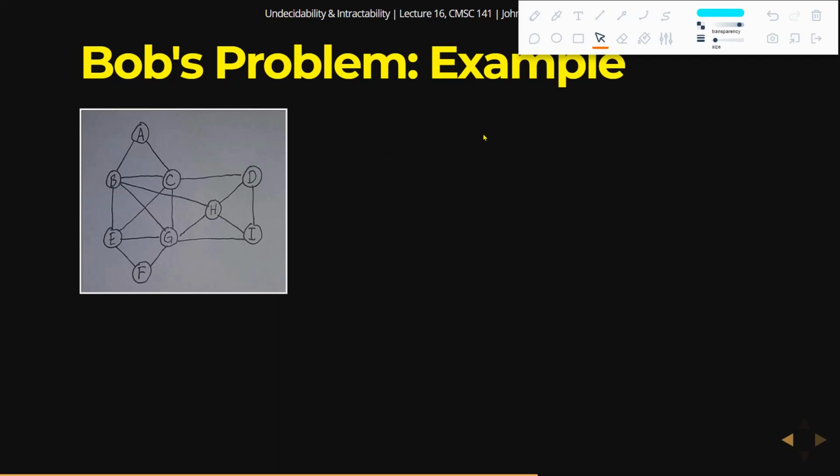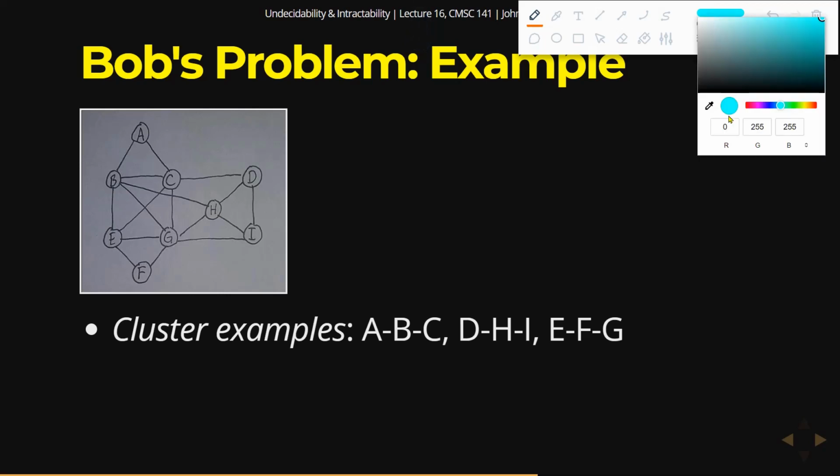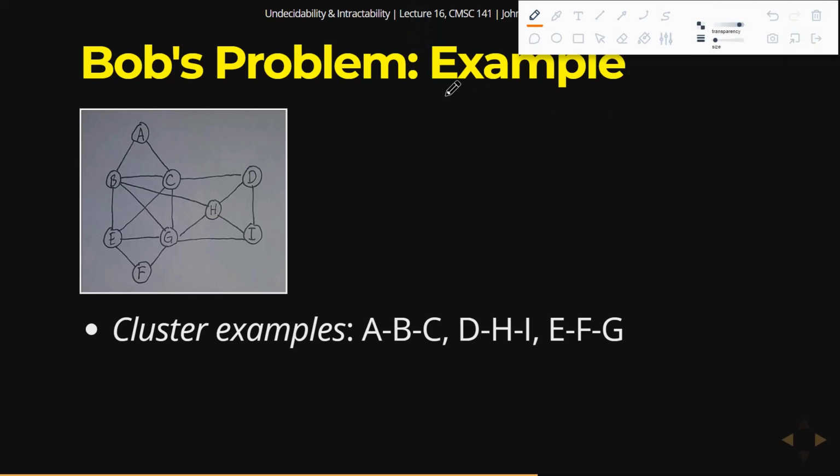So what are the groups, or we call this the clusters of vertices? You can have A, B, C here. This is one cluster, right? You can also have D, H, I here, because they're all connected to each other.